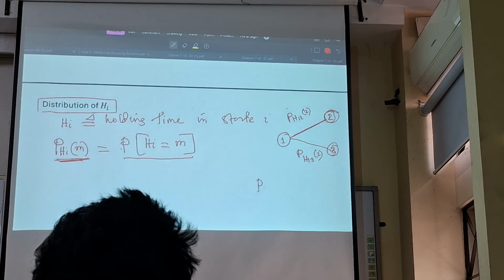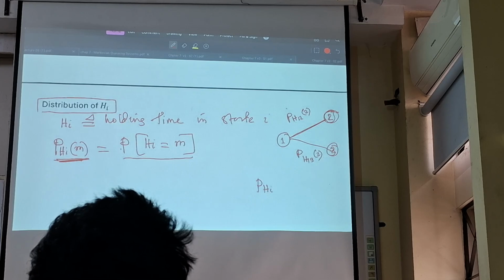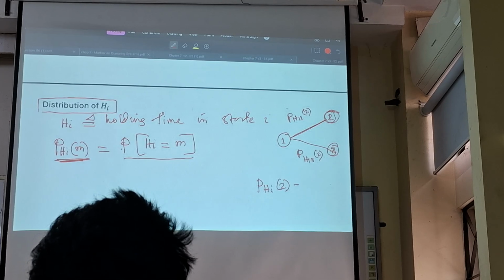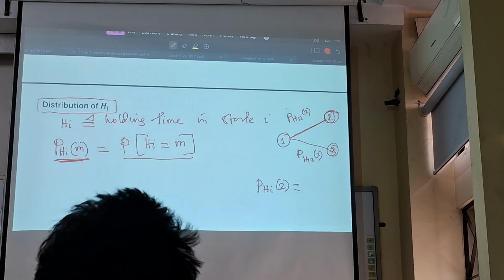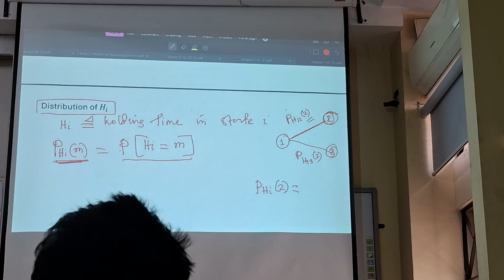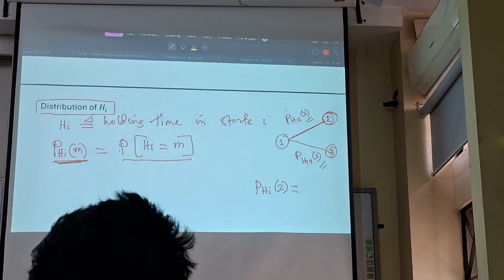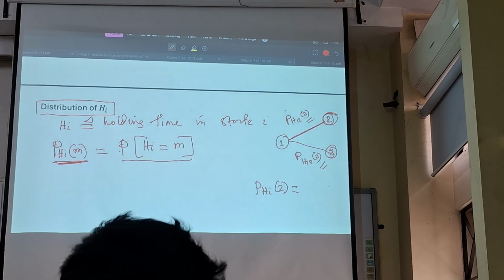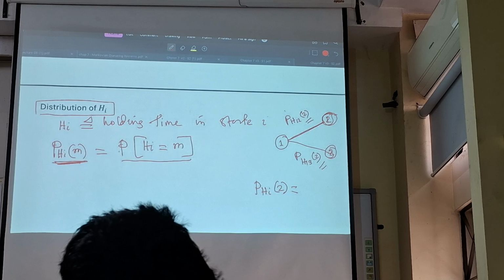We want to know the holding time of state I. It will be the average of the holding times of these. How do we average this one?